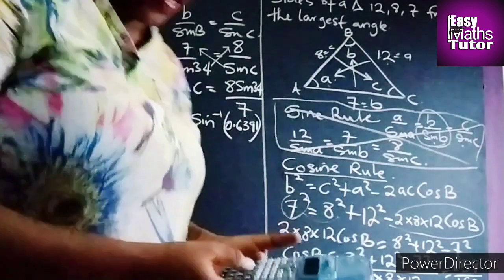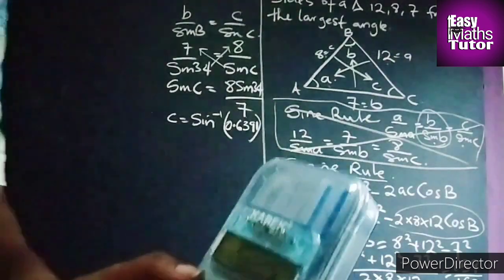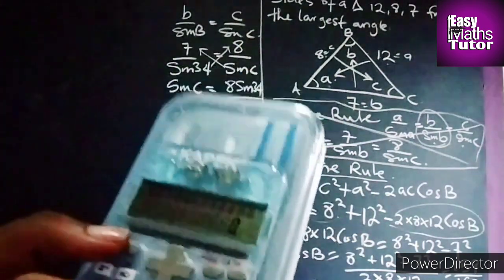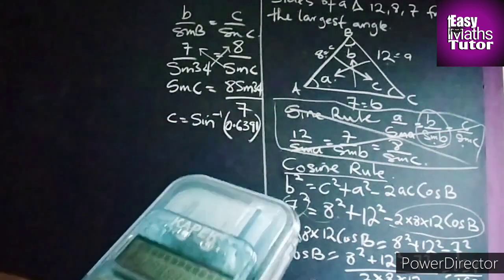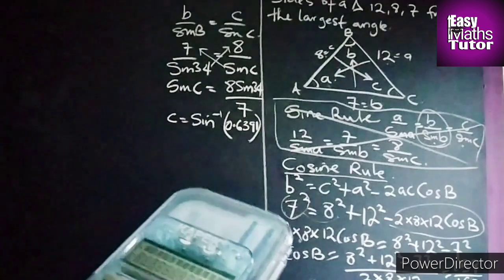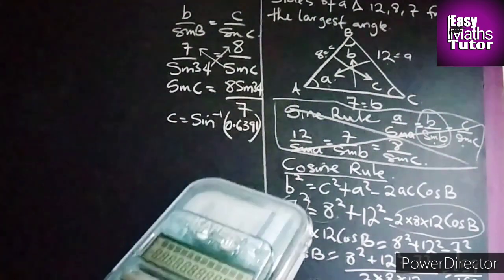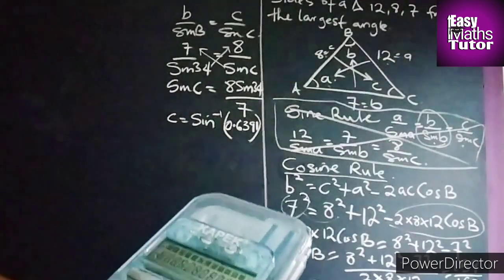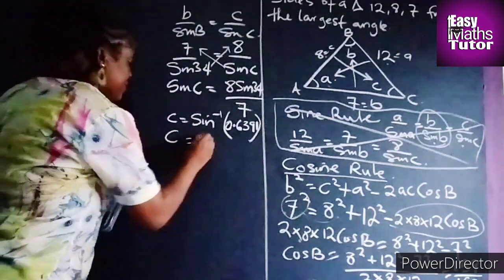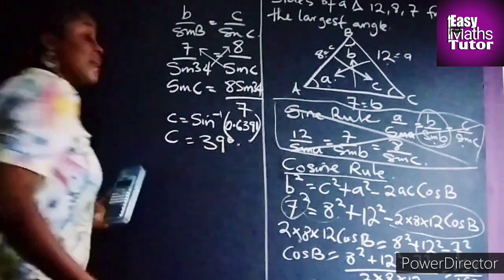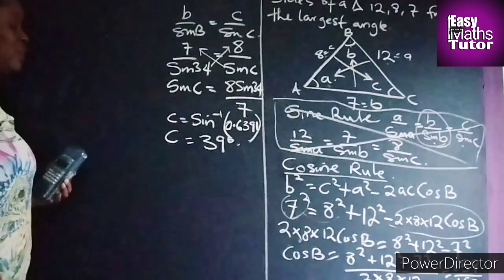Looking for the arc sine of this, we use shift sine of 0.6391, which gives us 39. So C is 39 degrees. That means our largest angle is most probably A.